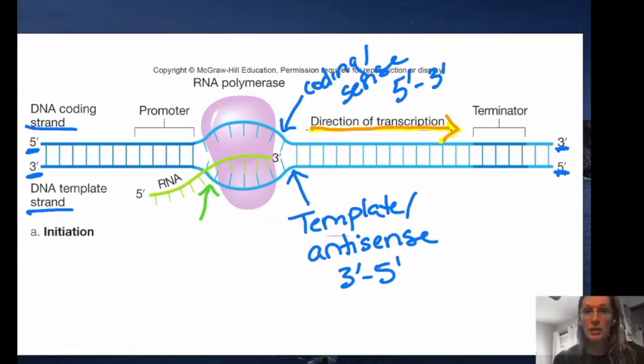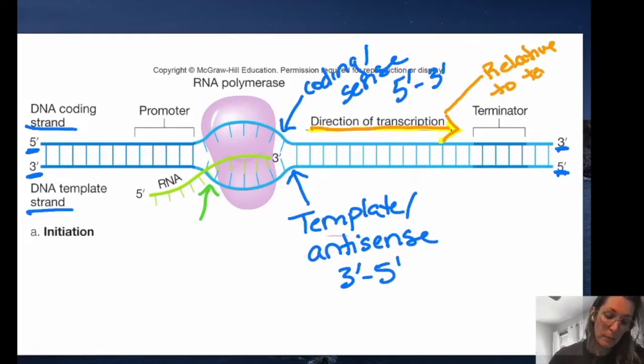So the direction of transcription is relative to the template strand. You can think of this as the direction that you would read, because that's what RNA polymerase is doing, it's reading the strand. So what direction is RNA reading?